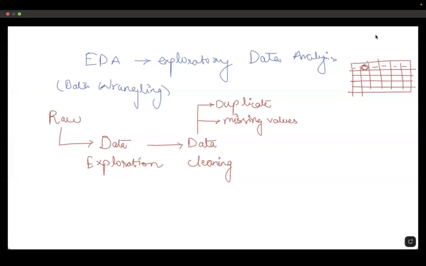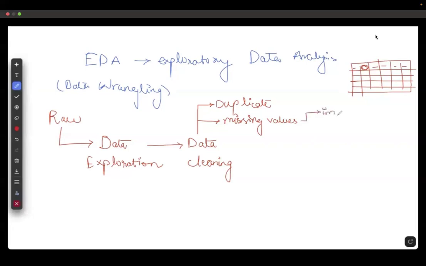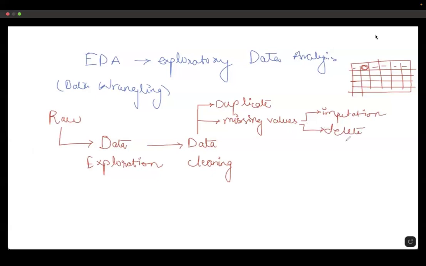When we're saying imputation, which means we try to fill the null values of the data set. Okay, so handling missing values, there is a possibility that we can perform imputation, which means we are going to fill that empty data set. Another possibility is that we are going to delete the row or column. Okay, so we need to understand on the basis of what all situations we are going to delete the entries or columns, and on what conditions we are going to perform the imputation.